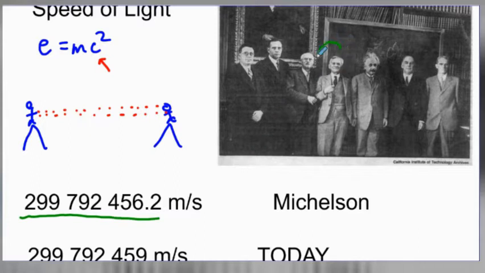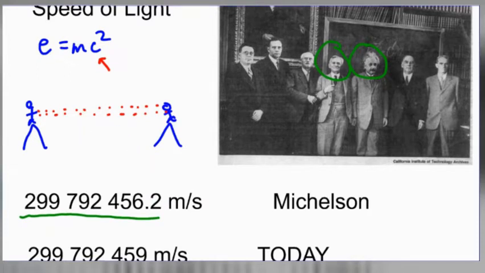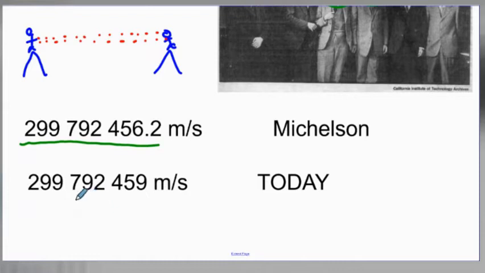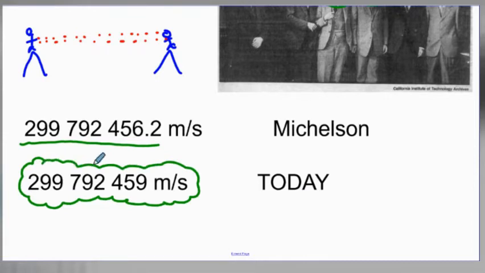This is a picture here of Michelson standing next to Einstein. So this guy was pretty brilliant to figure this out. And the number that he had is pretty close. Today, scientists say that this is the exact value of the speed of light in a vacuum.